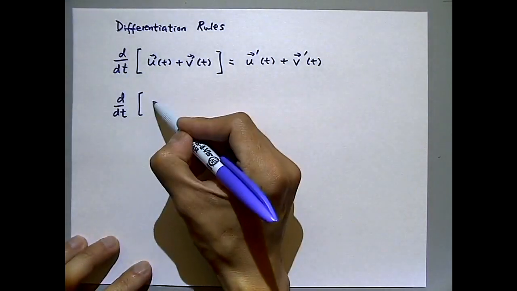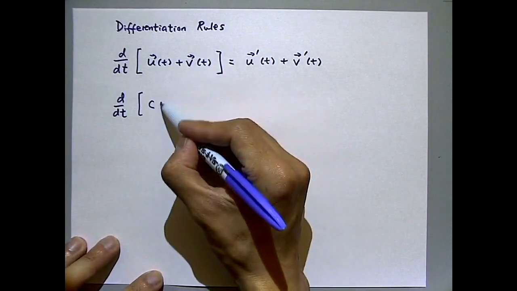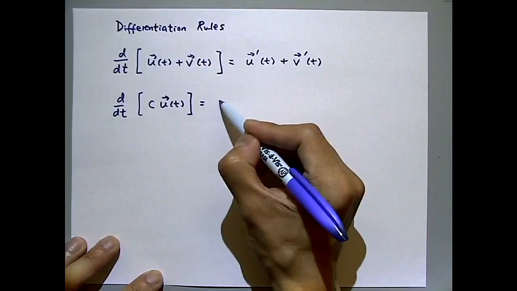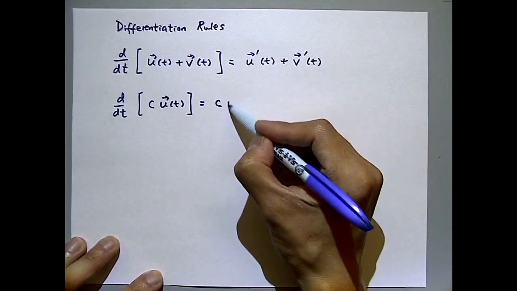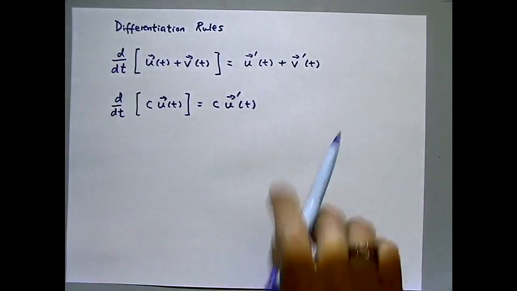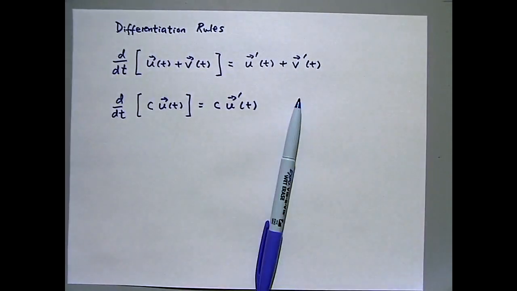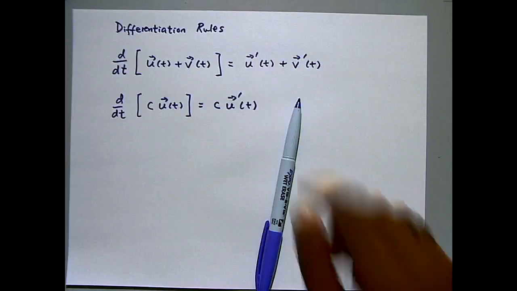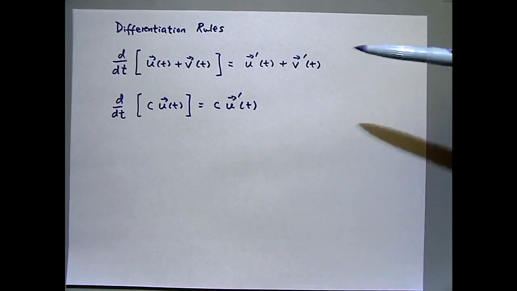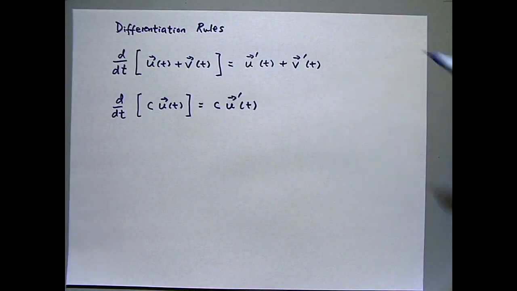Derivative of a constant multiple of a vector is the same constant times the derivative of that vector. Again, that seems very, very obvious. Behaves just like a scalar function.